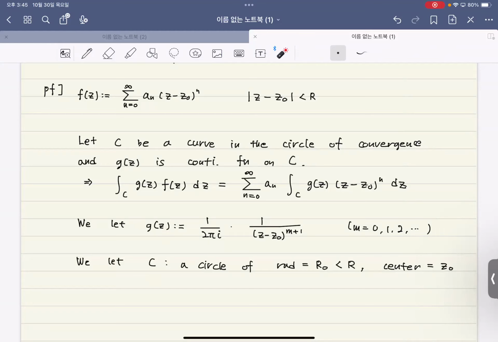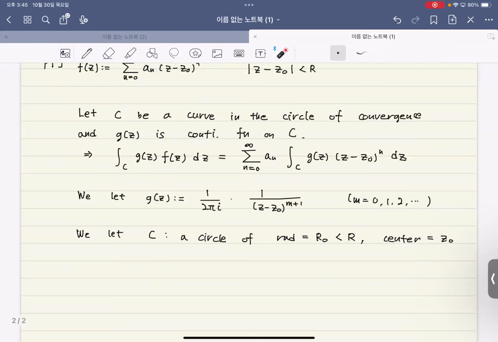Now, what I want to do is take advantage of this theorem. For the left-hand side, g of z, f of z, dz.